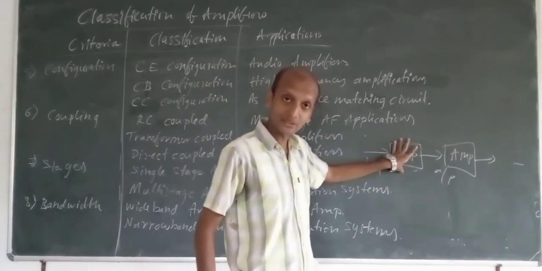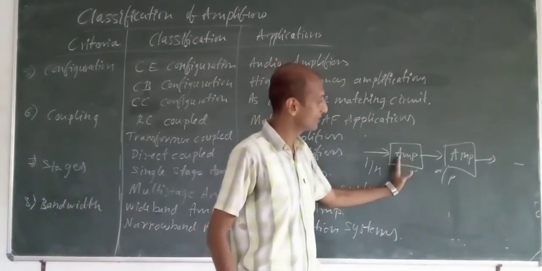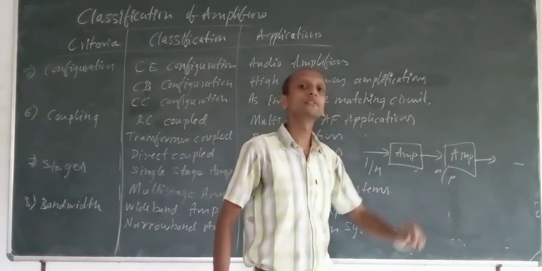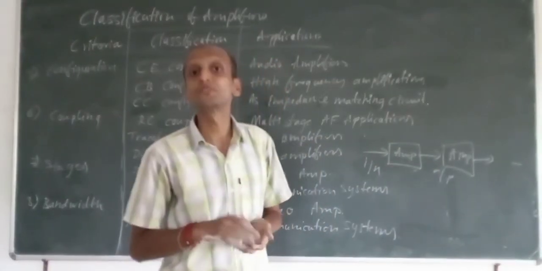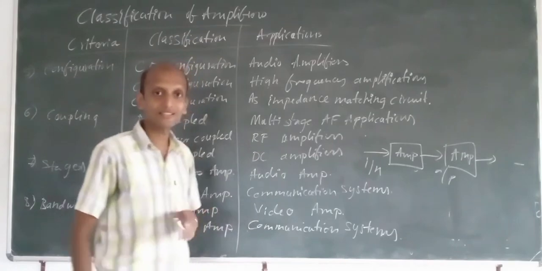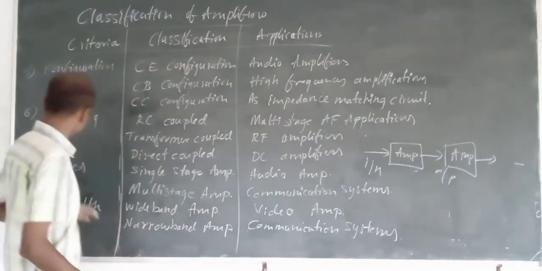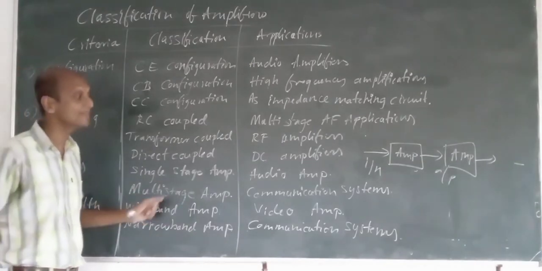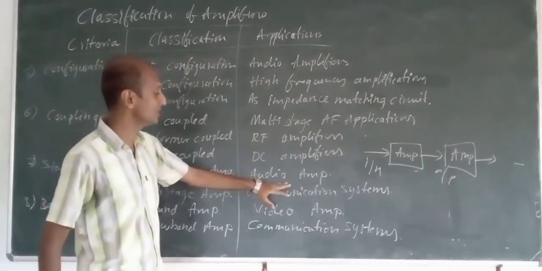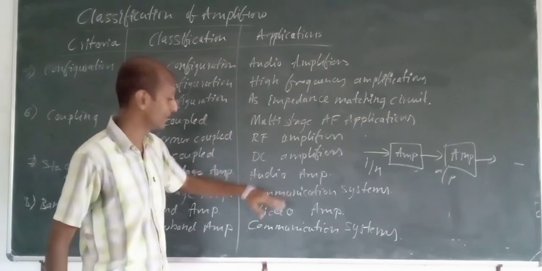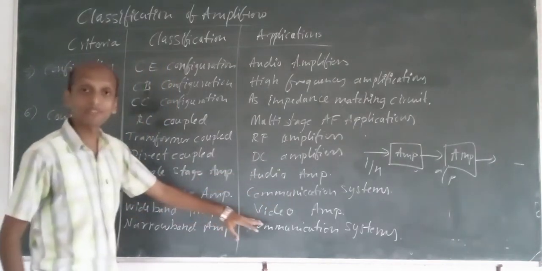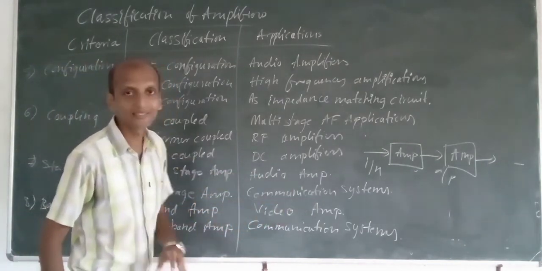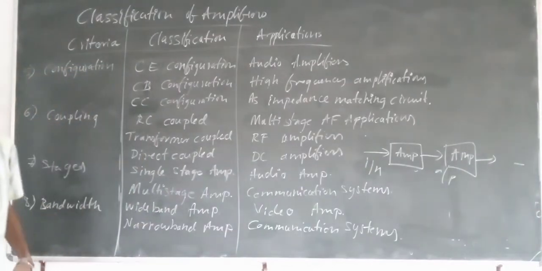One amplifier circuit is single stage. If I use two or more amplifier stages, they are called multi-stage amplifiers. So depending on the stages, we have single stage amplifiers and multi-stage amplifiers. Single stage amplifiers are used in audio amplifiers, and multi-stage amplifiers are used in communication systems.